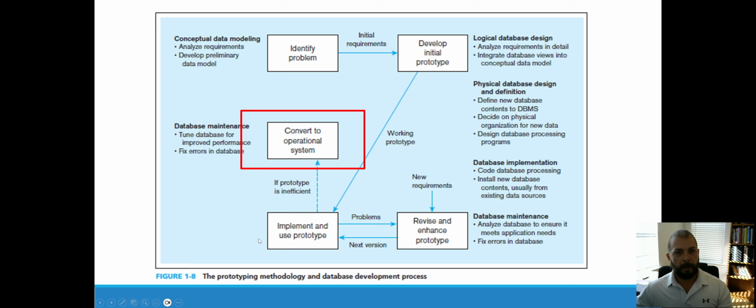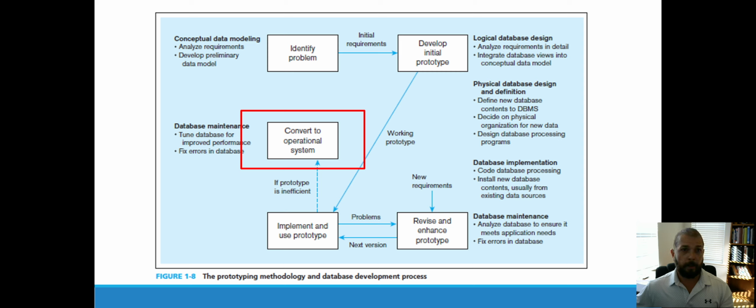If we're not, we need to go back and revise and enhance that particular prototype. We need to make any new adjustments. Are there new requirements that have come out from our user? Then come up with that next version, implement that, and see if we meet all the requirements. If we meet all the requirements for our user, then we can push that and convert it into a functional, operational system.